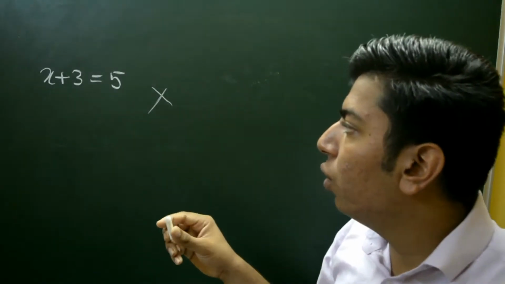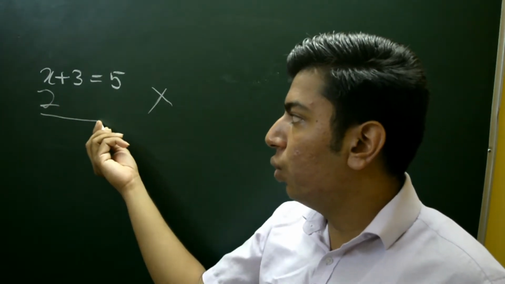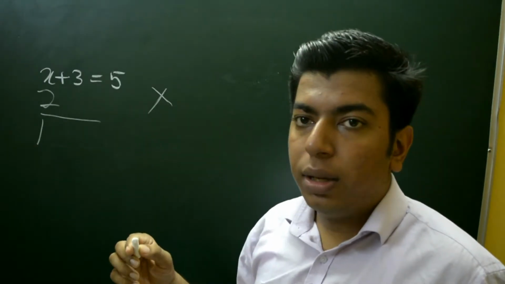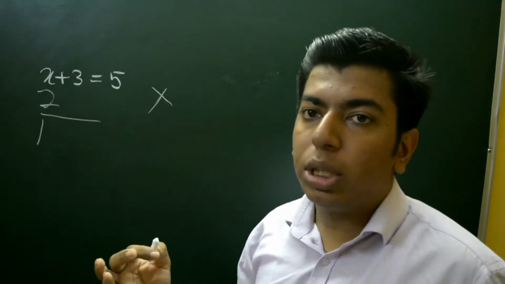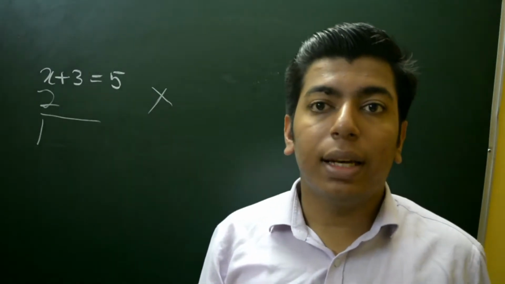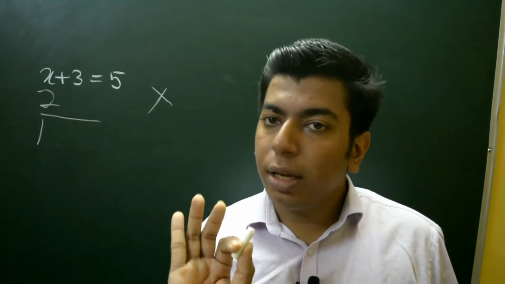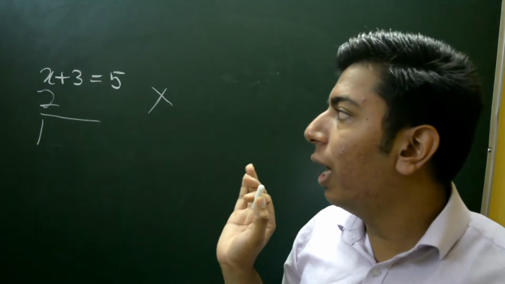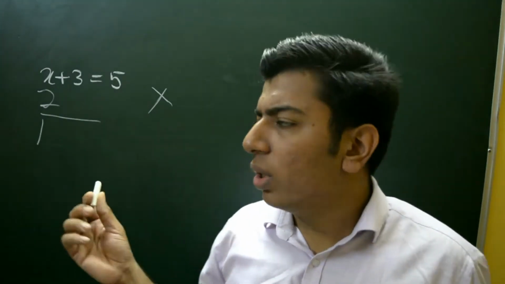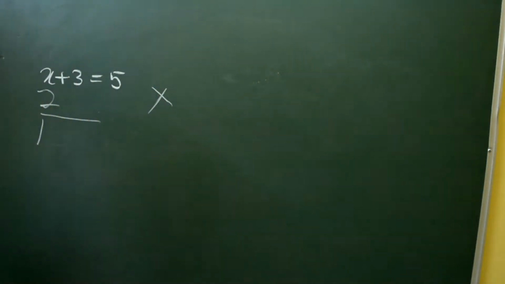If I put the value of x as 2, it becomes true. If I put the value of x as 1, this statement will not be true. That means it can be true or it can be false, so this is not a statement. You can also note down this example.